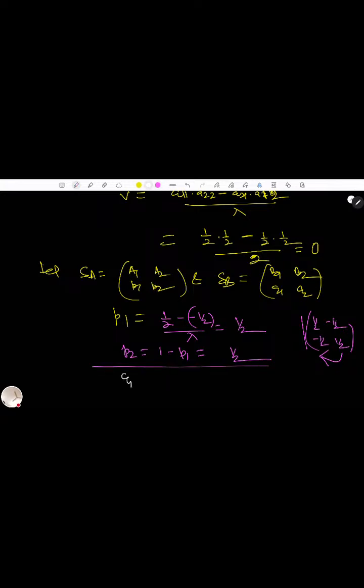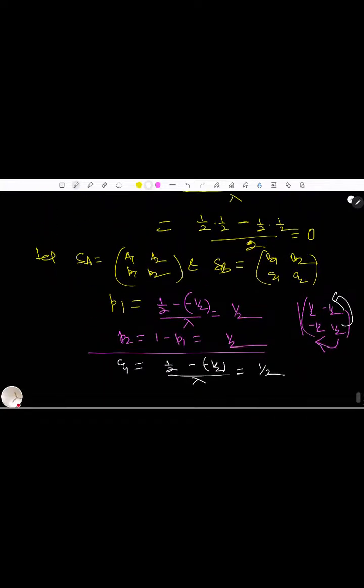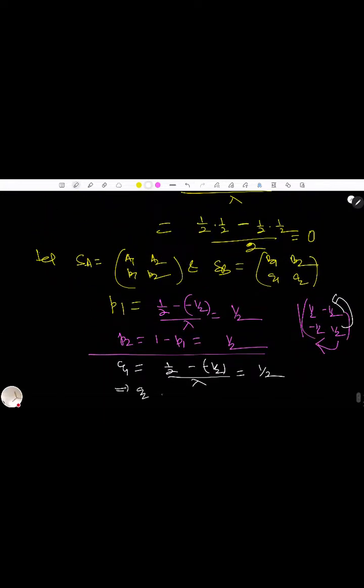Your Q1 will be this minus this, so this is again half minus half by lambda, so this is 1 by 2. So this implies what is your Q2? 1 minus Q1, 1 minus half, is your half now.